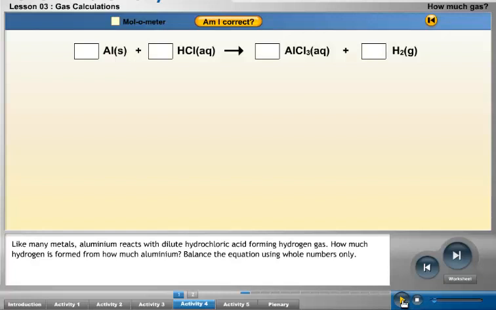Like many metals, aluminium reacts with dilute hydrochloric acid, forming hydrogen gas. How much hydrogen is formed from how much aluminium? Balance the equation using whole numbers only.